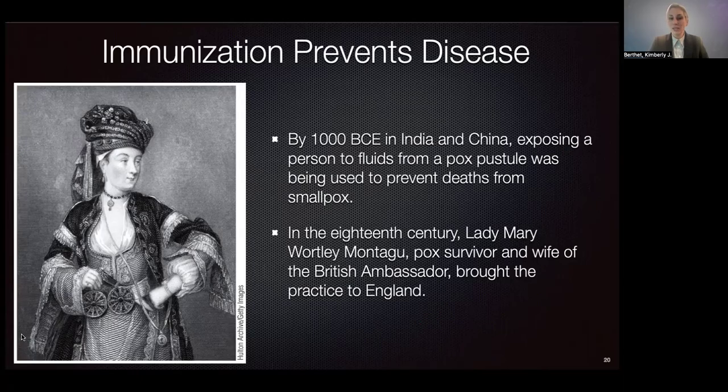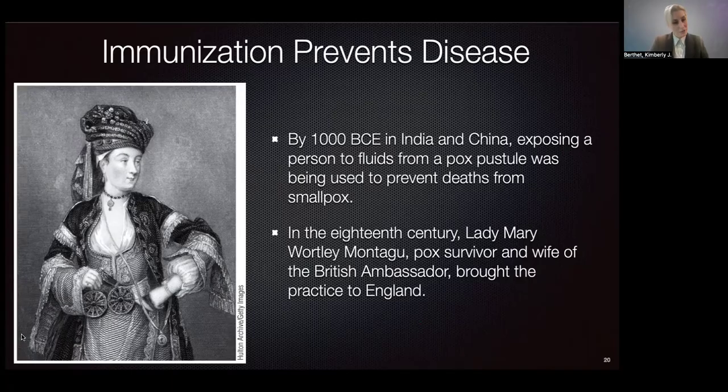So in India and China, what people were doing was exposing a person to the pox pustulates. So pox pustulates are the actual physical manifestation of smallpox. So they were taking a portion of the pox pustulates fluid and introducing it to another person.